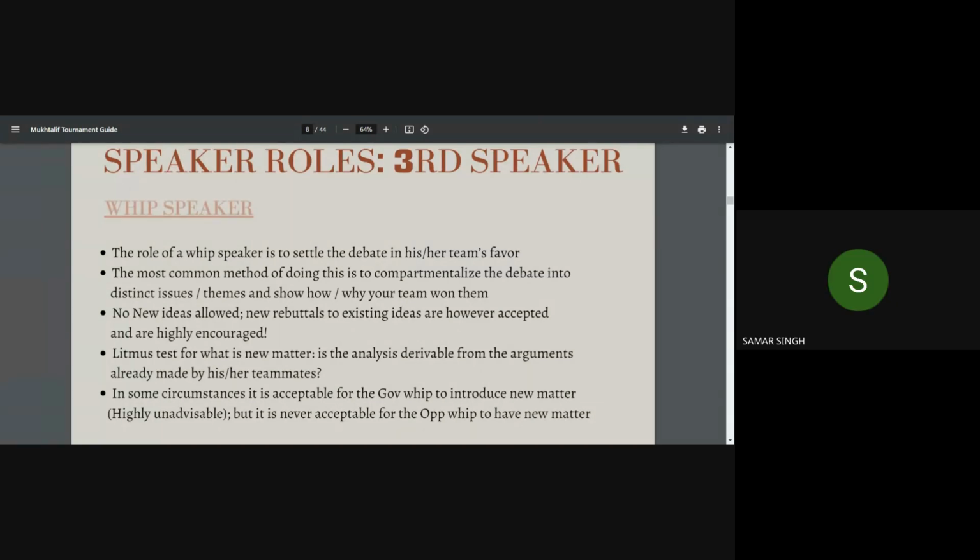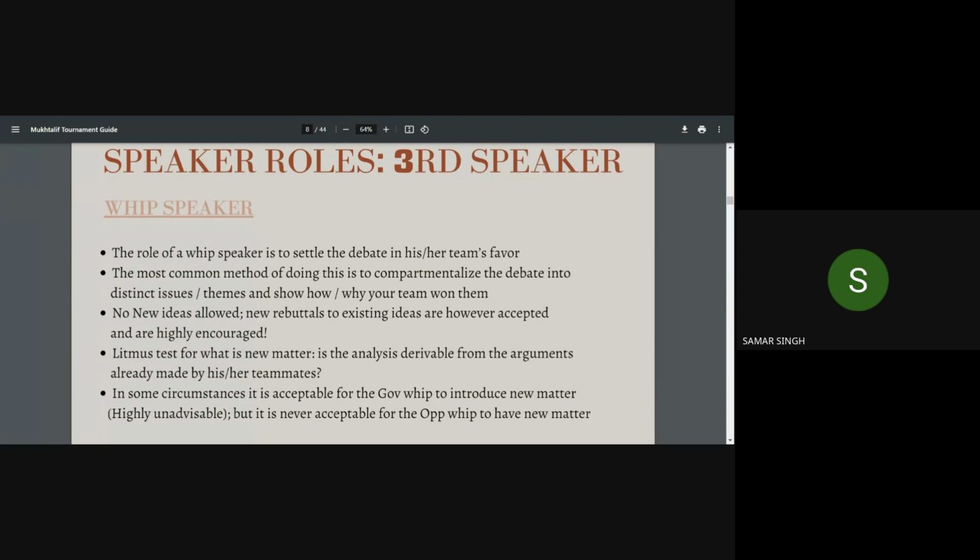Okay. In some circumstances, the government can bring it, but it is still highly unadvisable as written here. But why such an advantage to the government? So why can they still bring it? Because after the government whip, the opposition whip is still there.